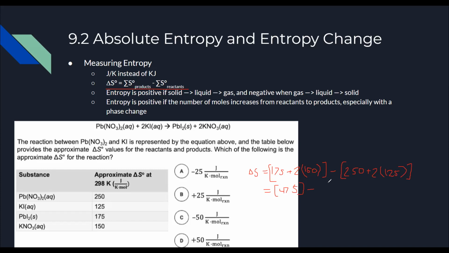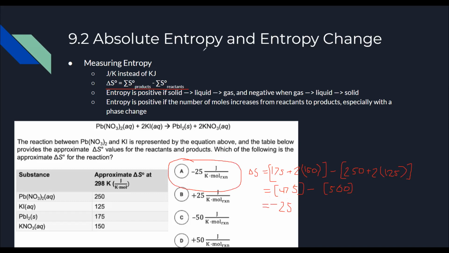Subtract that from 500, 250 plus 250. And so the answer would be negative 25. The only one that has that is A, negative 25.